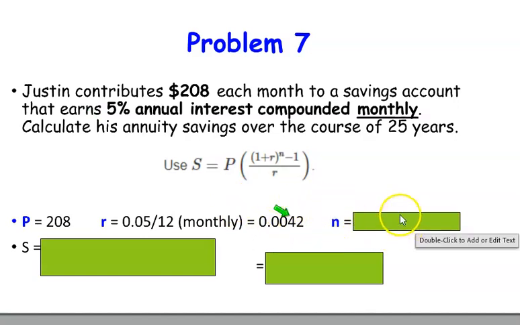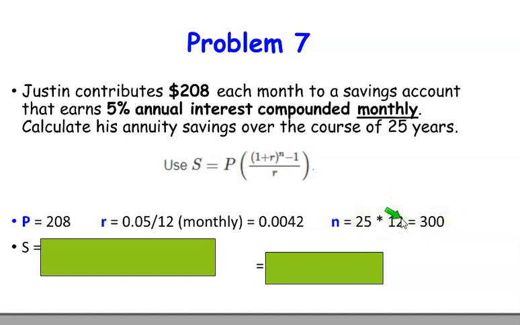Okay, so the N, let's look at the N. It's over the course of 25 years. So in this case, notice there's no T, right? T for time.